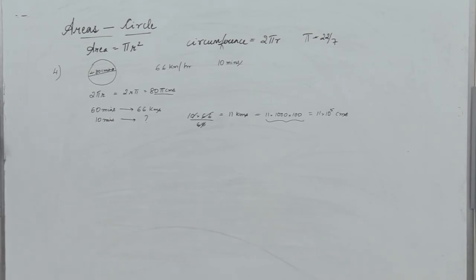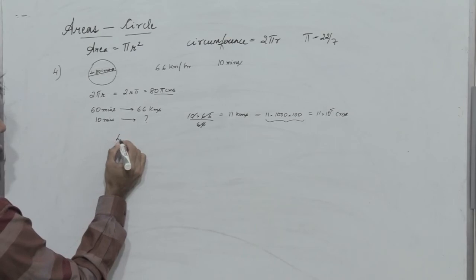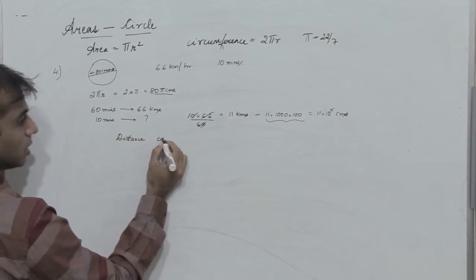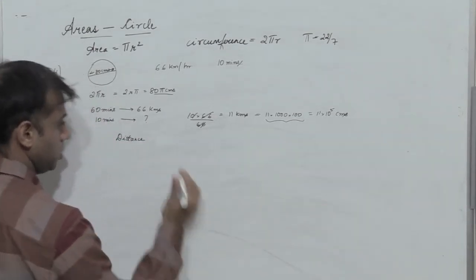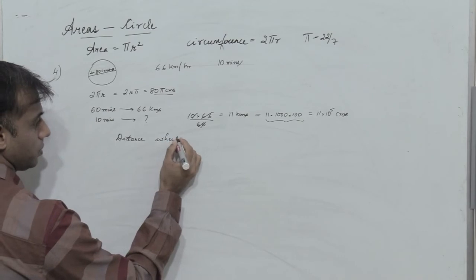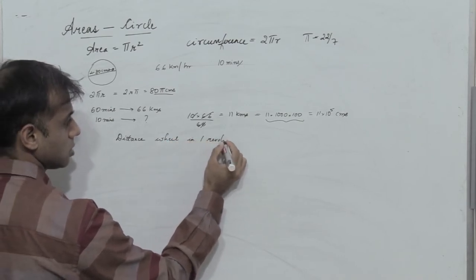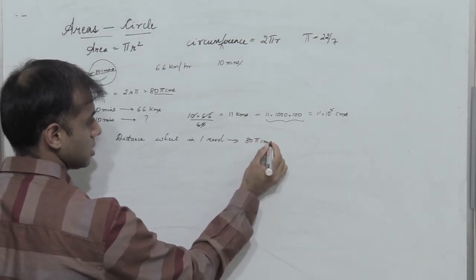But in one revolution, the car travels a distance of 80 pi centimeters, right? So the distance travelled by the car, or by the wheel we should say, remains the same in one revolution, which is 80 pi centimeters.